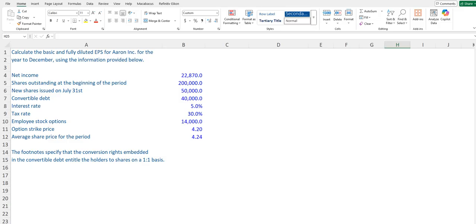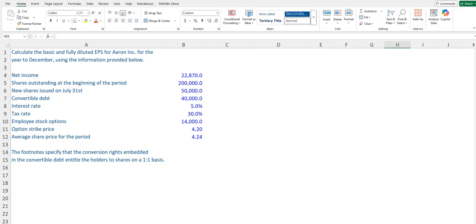And we are also given the amount of the convertible debt, and interest rate, tax rate, and we are also given some information about the option. For example, the employee stock option, which is the stock-based compensation, option strike price, and average share price for the period.